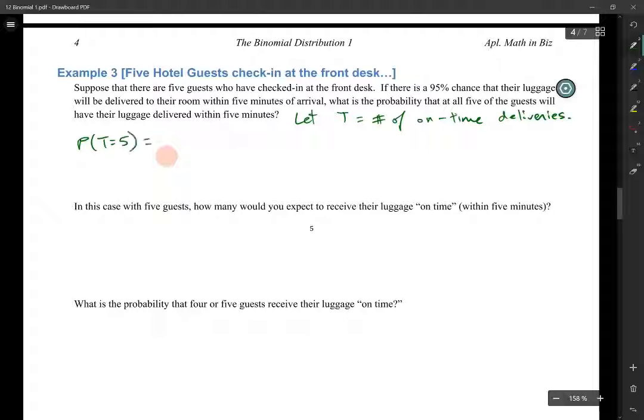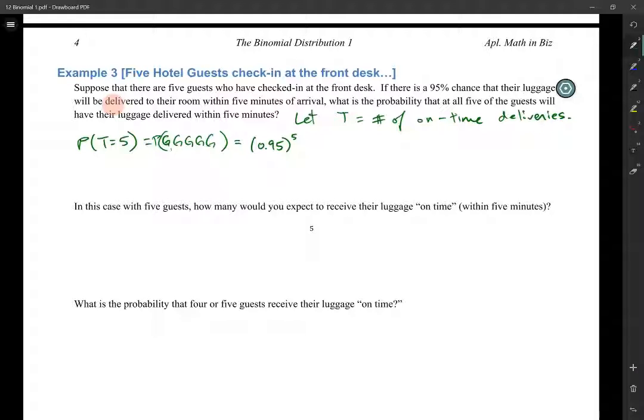Instead of using 0 on time, we'll say good 1, good 2, good 3, good 4, good 5. Since they're all independent and all equal, the subscripts don't matter. So the probability that they're all good is really this 95% chance that they're delivered on time, so that's 0.95 to the 5th power. And what's that?